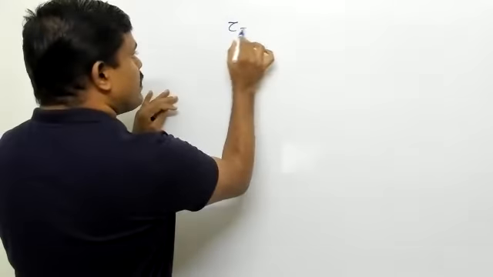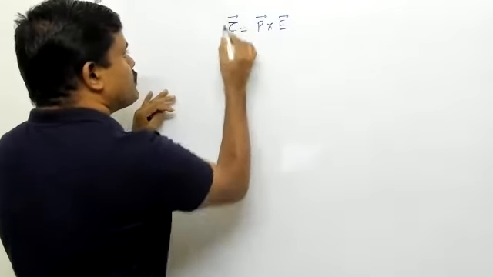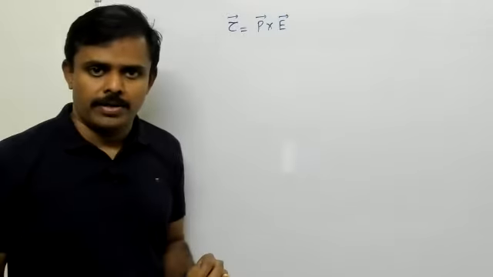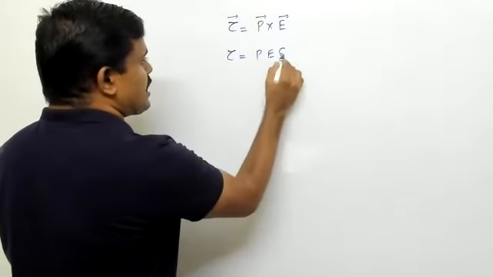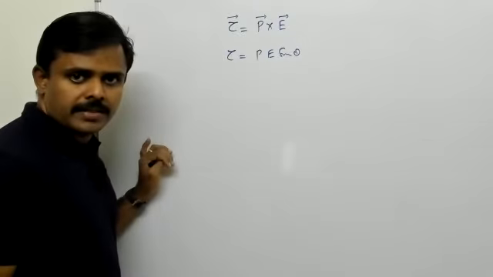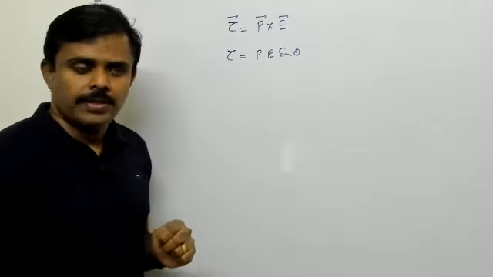So we have seen the equation for torque. Torque is given by P cross E. This is the mathematical formulation for torque on a dipole. If I expand this, I get PE sine theta. Now my question is, when is the torque zero?